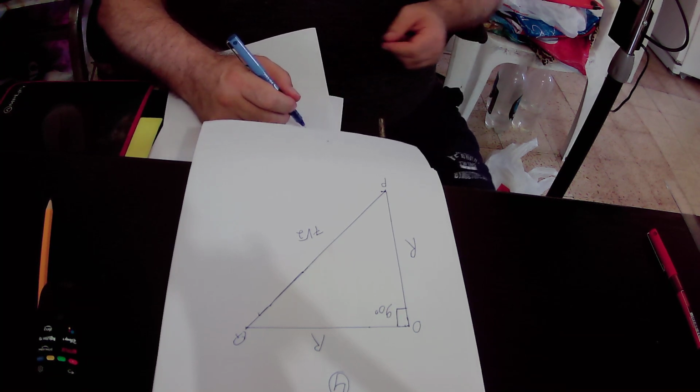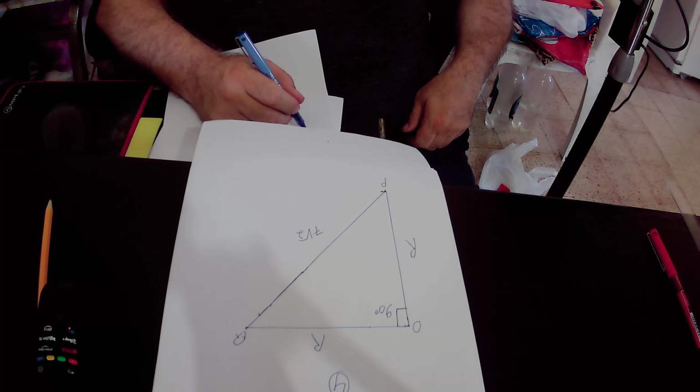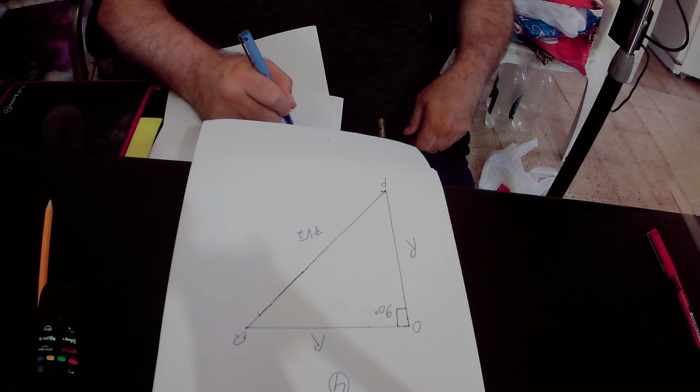So instead of PQ, we can substitute 7 times root 2 because PQ equals to 7 times root 2.